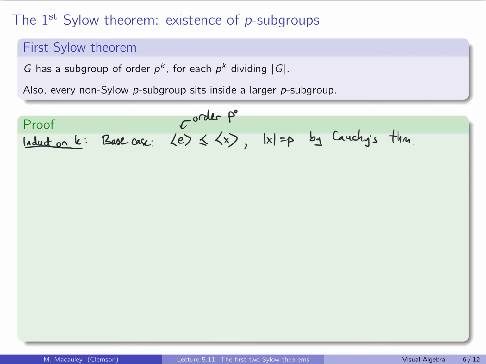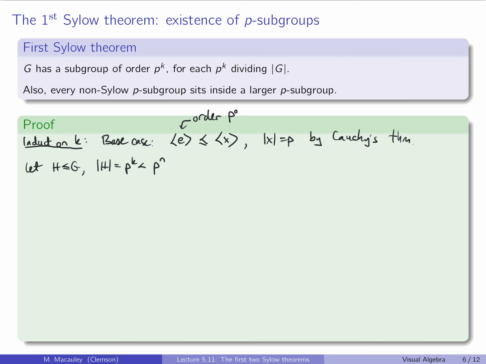Now we'll take an arbitrary p-subgroup that's not maximal, not Sylow, and we'll show that there is a larger p-subgroup that contains it. So now, suppose that H is a subgroup of G of order p to the k, which is strictly less than p to the n.